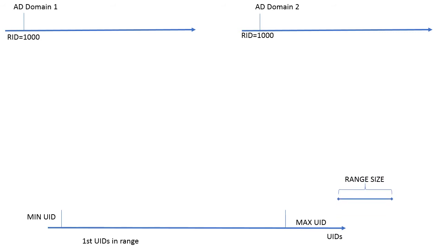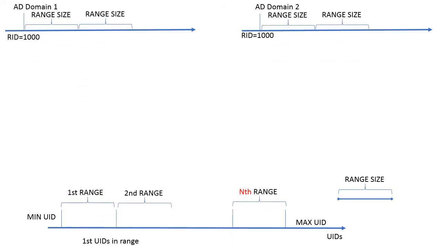Another parameter, which is kind of important, is the range size. Range size is simply used to split your range available for UIDs into some slices like this. And let's just discuss how it works, what will happen if someone tries to check a user like here.